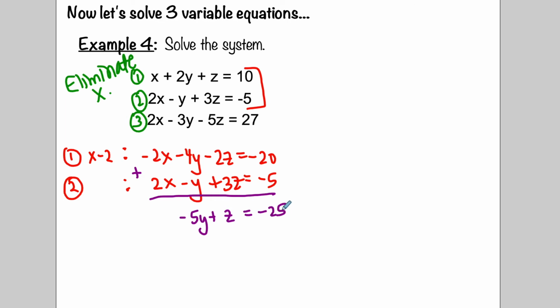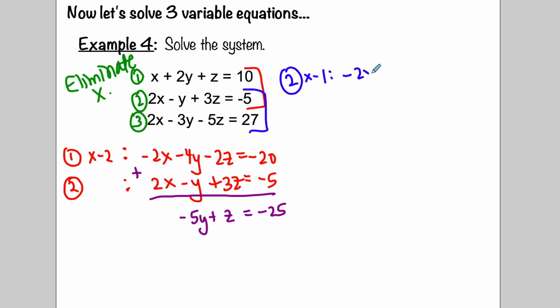Now that I have done that, I have an equation with 2 variables. So I'm going to go back to my original set and eliminate x from another 2 equations. I did 1 and 2; now I'm going to do 2 and 3. To eliminate x, I'm going to take equation 2 times -1.